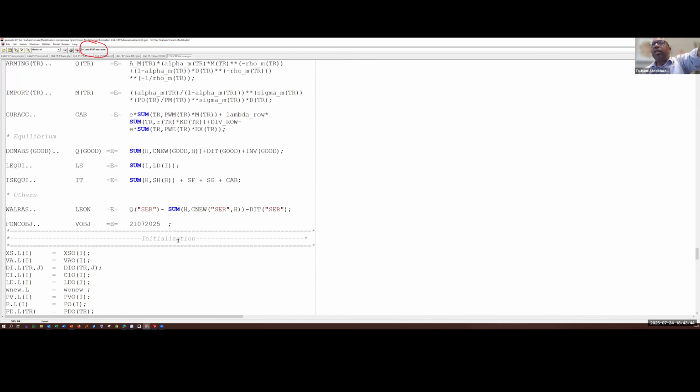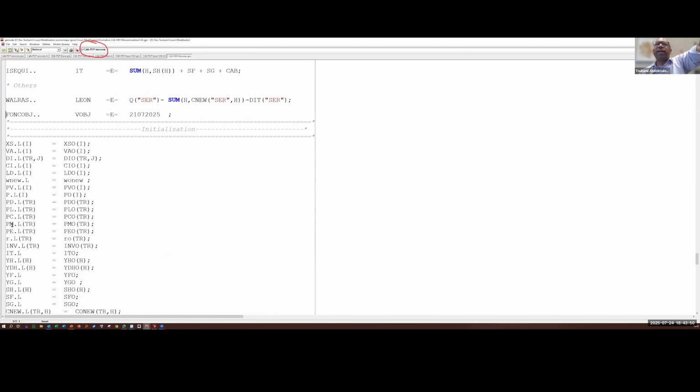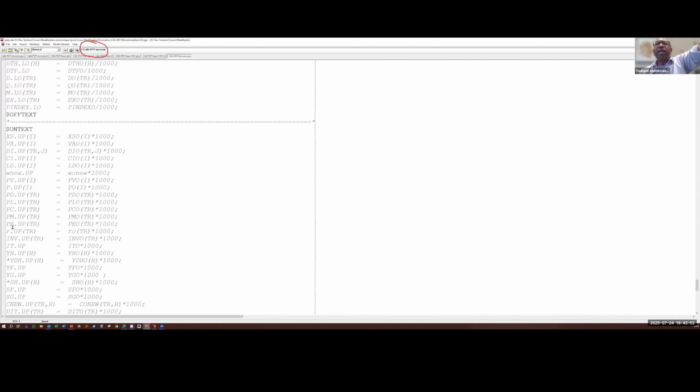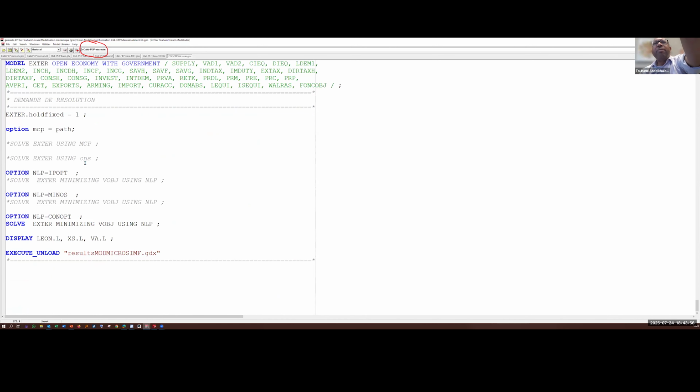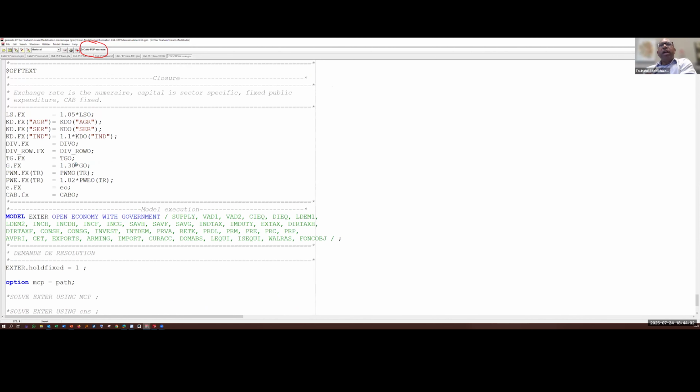This is the model. There is no other modification. I add its objective function if we want to use it. It's exactly what we discussed yesterday because we want to use an MCP, a CNS, or another solver here. Now I put the simulation or no simulation for this, and it has to solve.